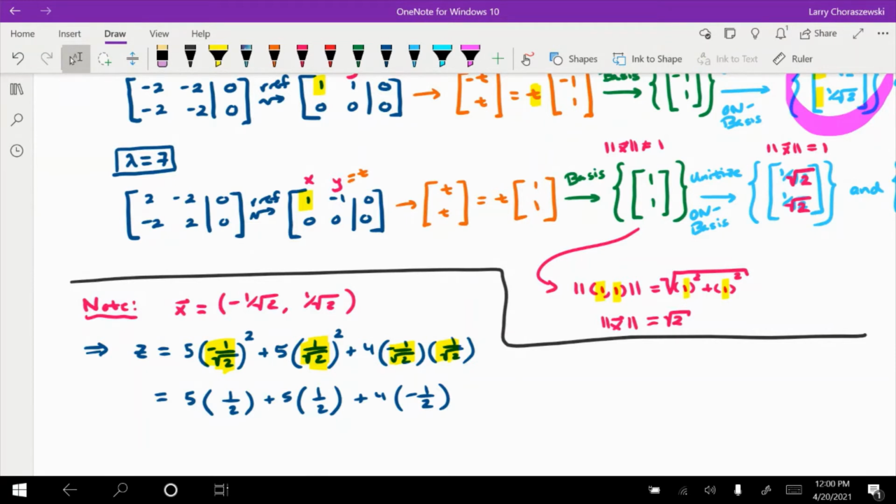Any offers as to what that simplifies to, folks? 3. You got it.